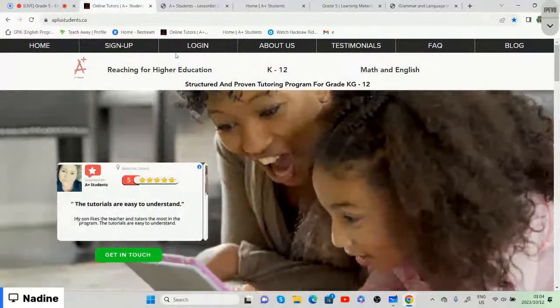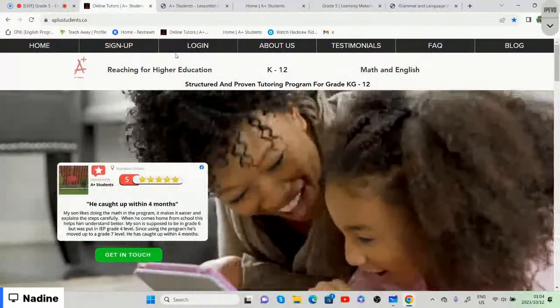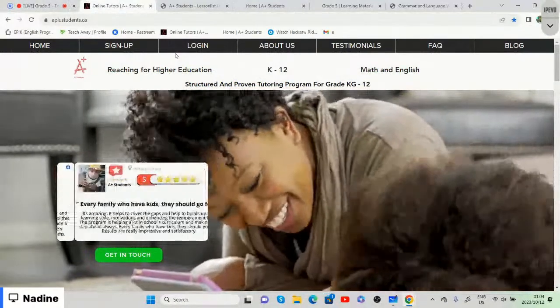Once we have selected grade 5, you're going to scroll down until we get to perfect verb tenses.